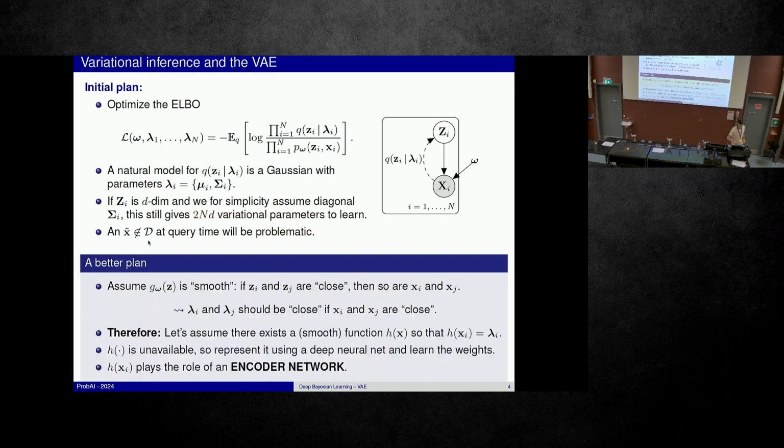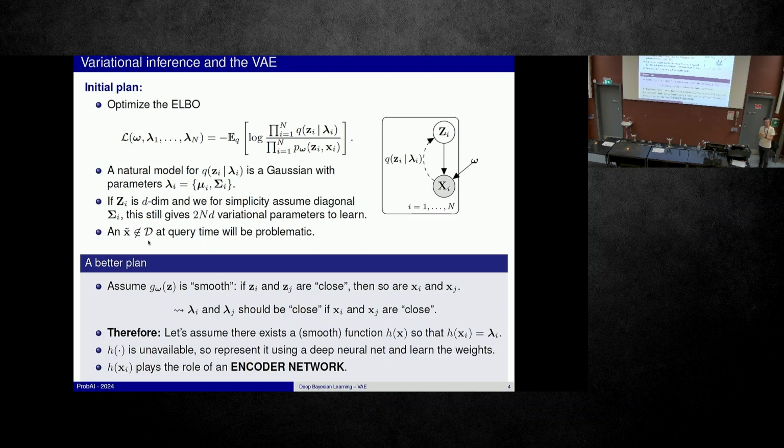So what we will do instead, so our initial plan is replaced by a hopefully better plan, is to look into some of the modeling assumptions that we are making and try to change the scope of the optimization setup a bit. So we have our decoder model that links the latent variable zi with the xi here.